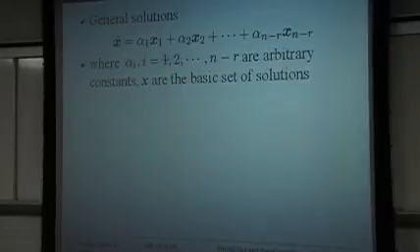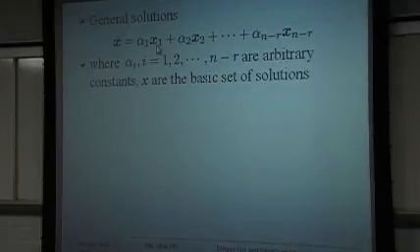To find them, we must recall the concept of the basic set of solutions. I will explain that later. If you can find the basic set of solutions, then we can choose arbitrary constants alpha 1 through alpha n minus r, where r is the rank of matrix A.